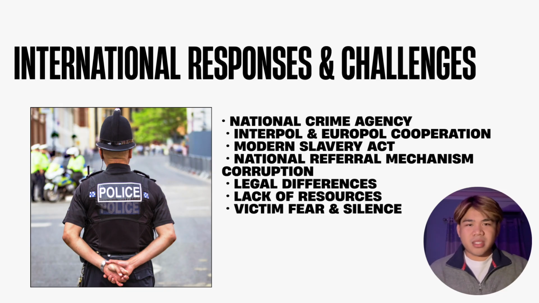However, many challenges remain, including corruption, lack of resources in developing countries, differences in laws, and the hidden nature of the crime. Victims are often too afraid to report because of threat of trauma. As long as there is demand for cheap labor and services, traffickers will continue to operate.